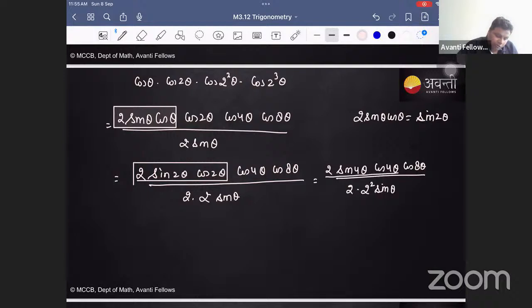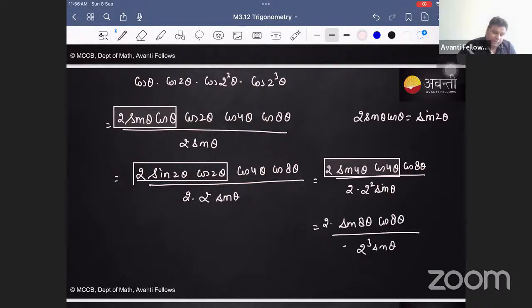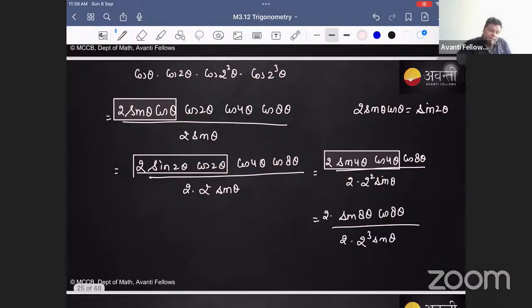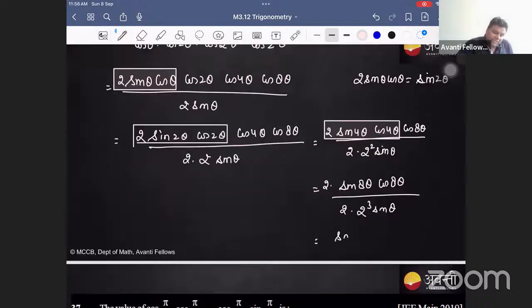Now you got 2 sine 4 theta cos 4 theta, came what? Sine 8 theta. Then cos 8 theta upon 2 cube sine theta. One last time you are multiplying it by 2. So the numerator became what? Sine 16 theta upon 2 to the power 4 sine theta. Am I clear?